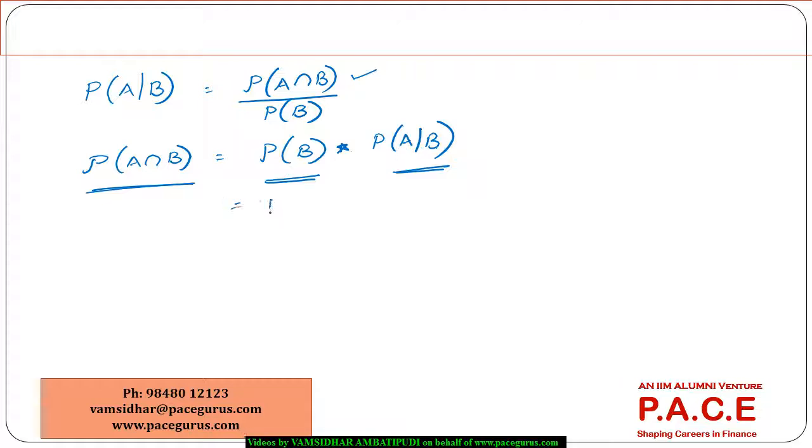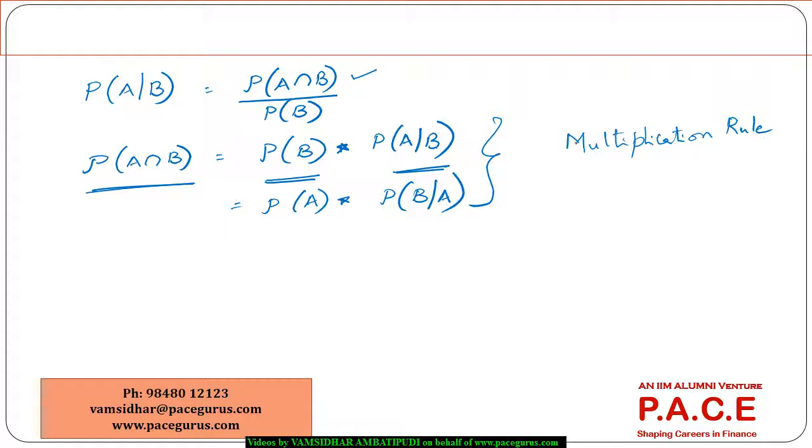So I could very well write this as probability of A multiplied by the probability of occurrence of B given A. Either way I can write probability of A intersection B. So one important corollary coming out of this is otherwise called the multiplication rule of probability.